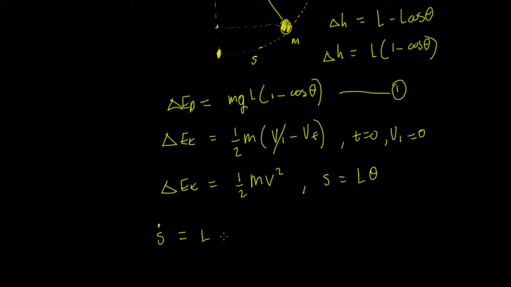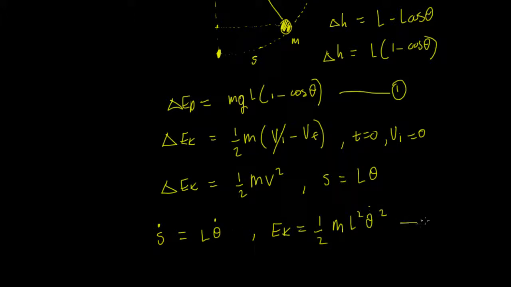The only thing that's got variation with time is that angle theta, so that's going to be theta dot. Okay, so it means that we can then put L theta dot in for the value of v, so we're left with the kinetic energy is going to equal a half m v squared, which in this case is going to be L squared theta dot squared.